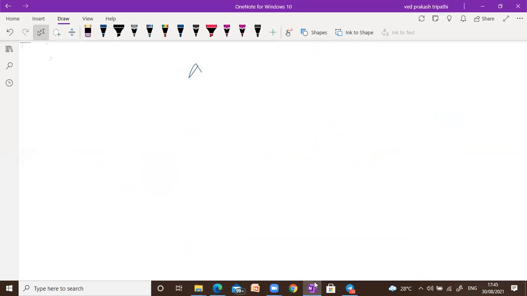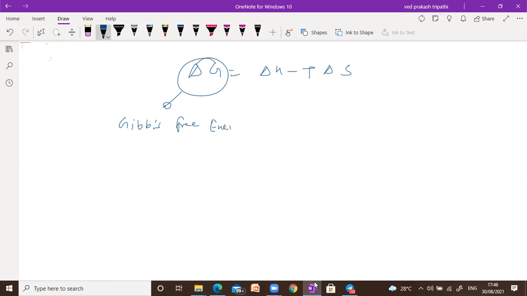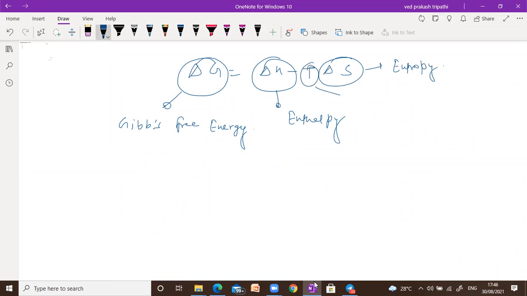Delta G is the Gibbs free energy, delta H is enthalpy, delta S is entropy, and T is temperature.